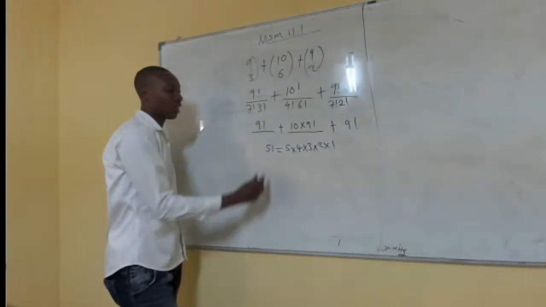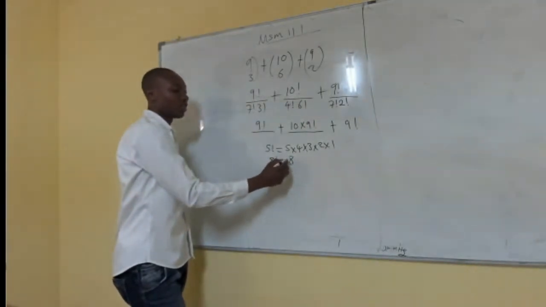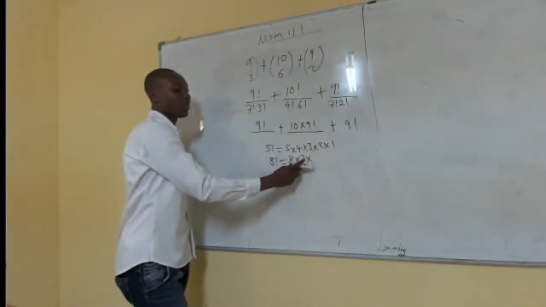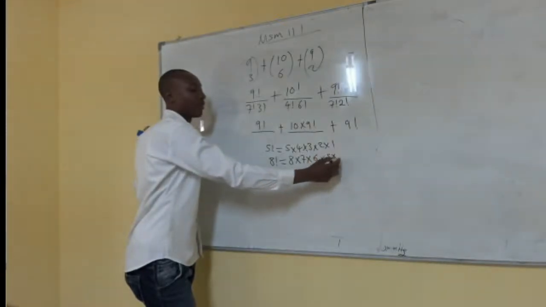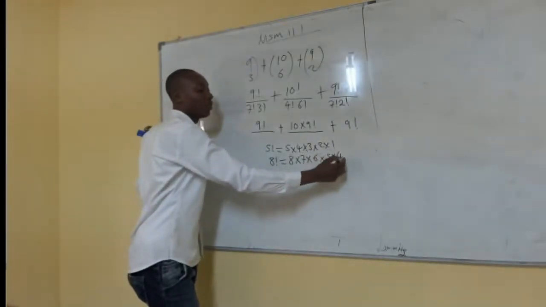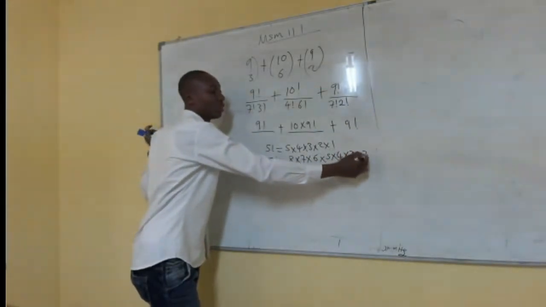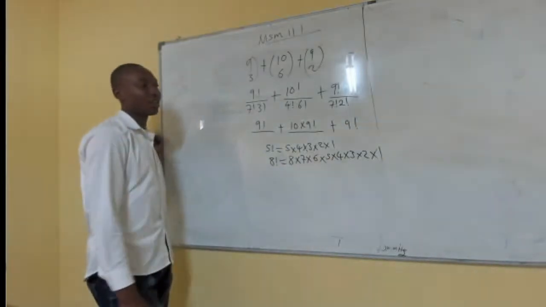If you have 8 factorial, this is 8 times 8 minus 1, 7; 7 minus 1, 6; 6 minus 1, 5; 5 minus 1, 4; 4 minus 1, 3; 3 minus 1, 2; 2 minus 1, 1. So we end there.